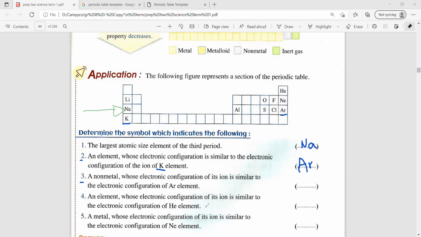Where are the nonmetals that you can see in this table in period 3 with argon? It's S and Cl. That's right. Which one is the strongest, and when it gains one more electron, it will be like argon? Yeah, that's good. That's it. All right.